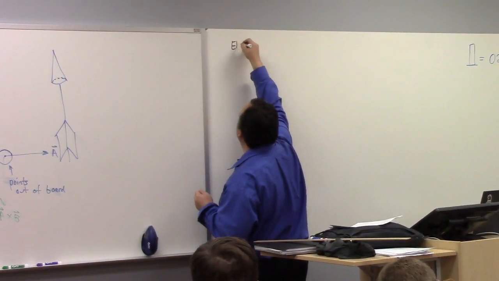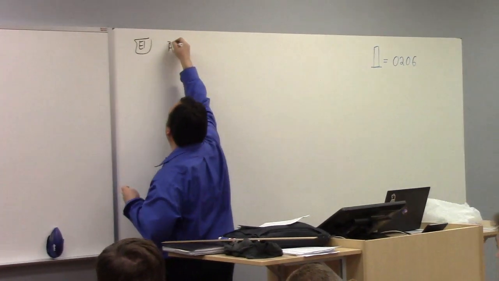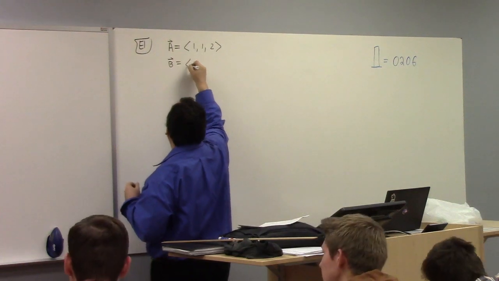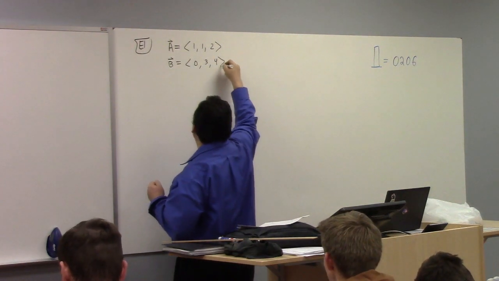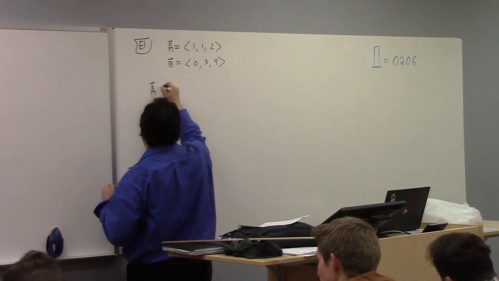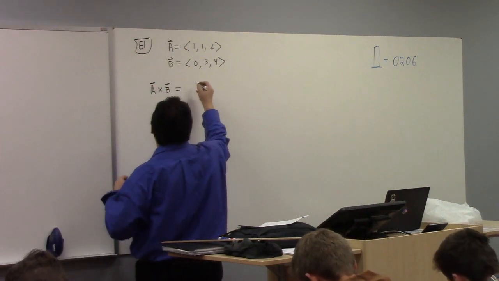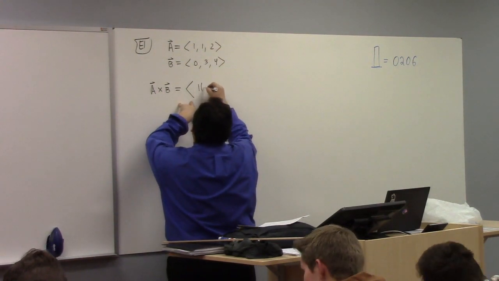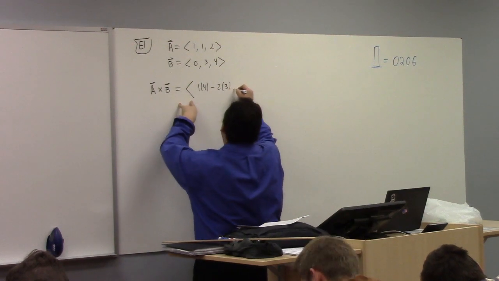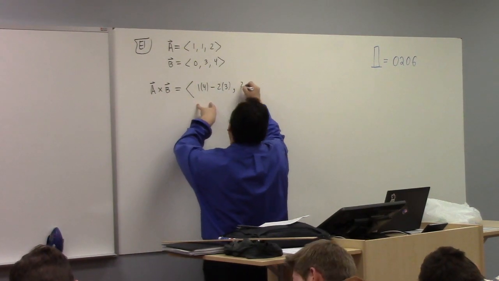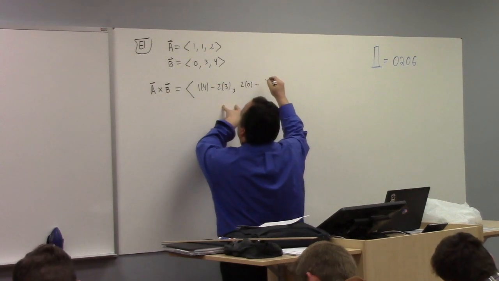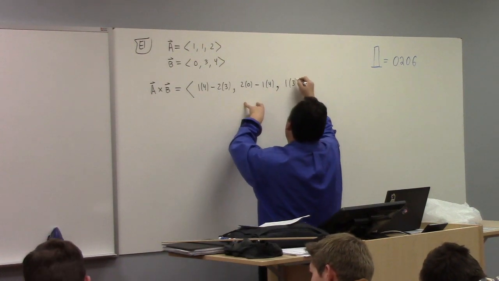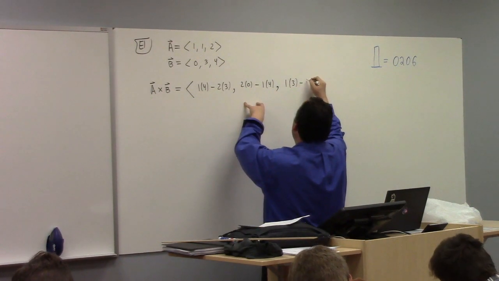So example 1, if I have A equals (1, 1, 2) and B is equal to (0, 3, 4), and I take the cross product of those. All right, so what do I got? 1 times 4 minus 2 times 3, comma, 2 times 0 minus 1 times 4, comma, 1 times 3 minus 1 times 0.